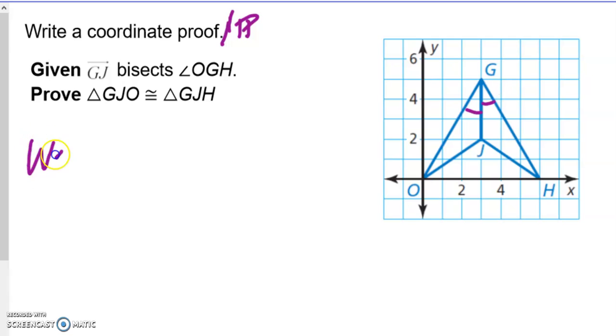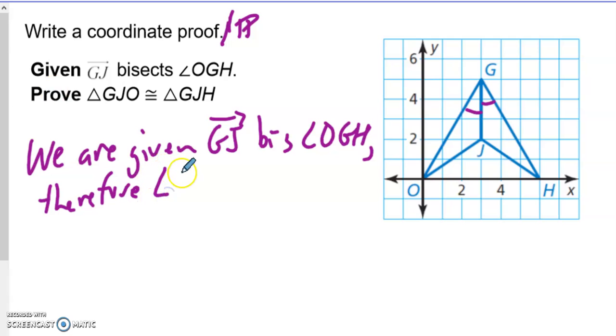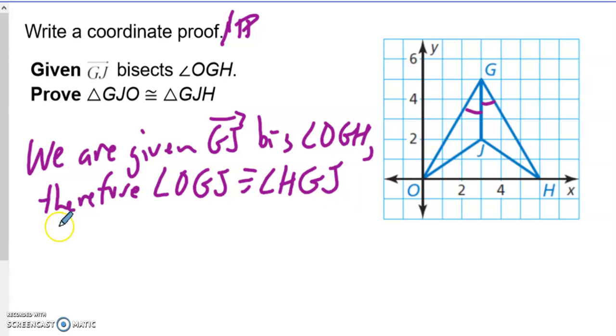We are given GJ bisects angle OGH. Therefore, angle OGJ is congruent to angle HGJ by definition of bisect.